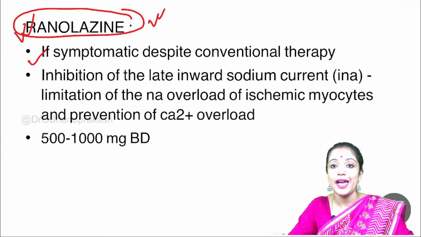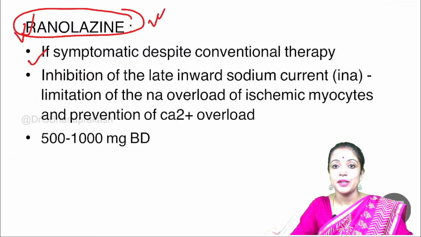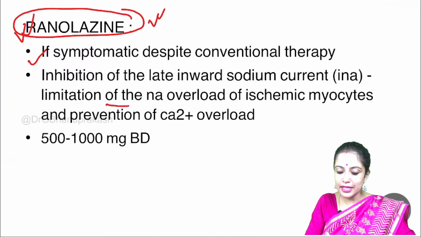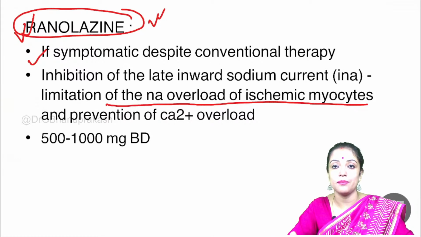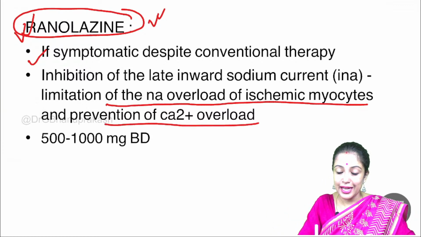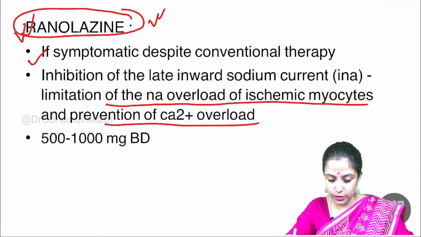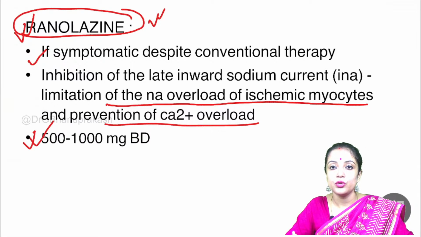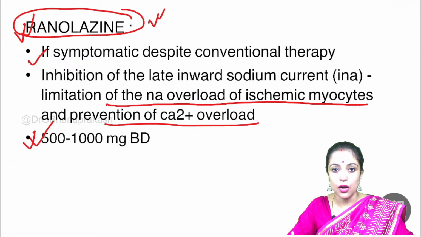What does it do? It inhibits the late inward sodium current. Thereby, it limits the sodium overload of the ischemic myocyte, and in turn, it reduces calcium overload. It has to be used in a dose of 500 to 1000 milligram twice daily.